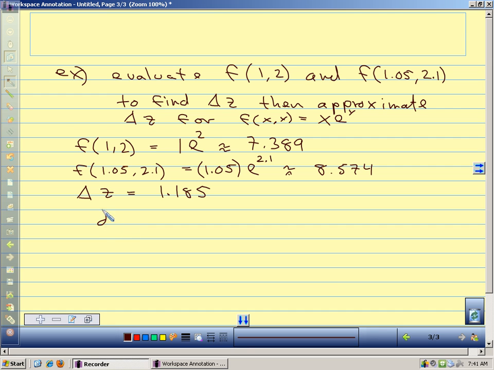Now we're going to approximate this with the total differential. dz equals dz/dx delta x plus dz/dy delta y.